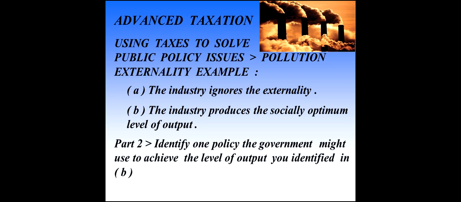Now, in doing this, we then move to identify and also graphically illustrate one policy the government might use to achieve the level of output which is socially optimum that we desire. So here's what a graph would look like.